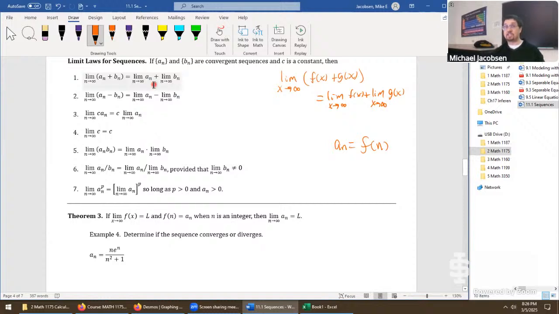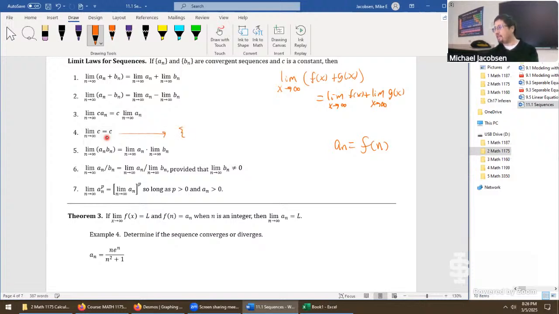The limit of the sum is the sum of the limits. Limit of a difference is the difference of limits. Constant multiples can commute outside the limit operator. Limit of a sequence that's always a constant is that constant. That one's kind of a fun one in a certain sense.